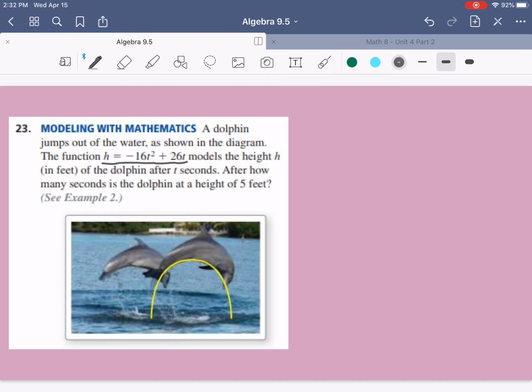Well, we have our original equation, h equals negative 16t squared plus 26t. We want to know how many seconds it takes to get to a height of 5 feet, so we'll replace h with 5.